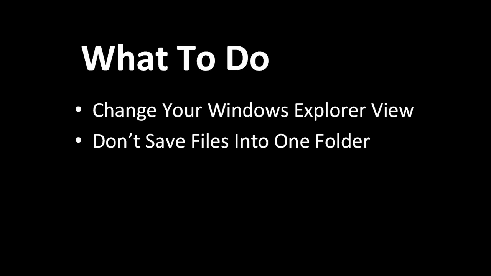Now, the Windows operating system is really like a big file cabinet. So not only does it help you keep track of your data by making a logical file structure, but it also helps with your performance, because then your computer isn't having to try to bring up 1,000 files at once. It's bringing it up in chunks, and it's a lot faster.